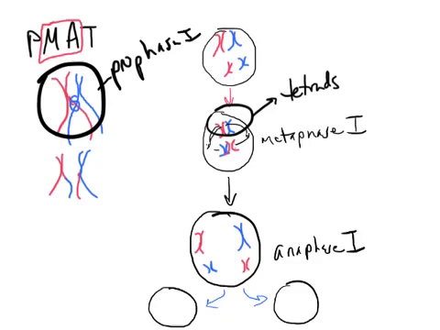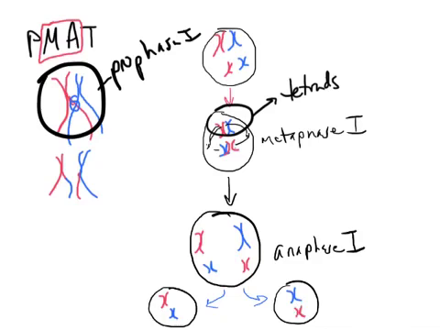And in one of those daughter cells, you'll have your mom's long chromosome, and in the other one you'll have your dad's long chromosome. And you'll have your dad's short chromosome in one daughter cell, and your mom's short chromosome in the other daughter cell.